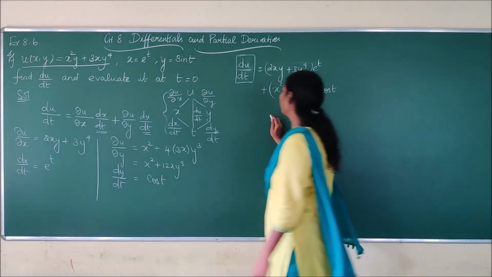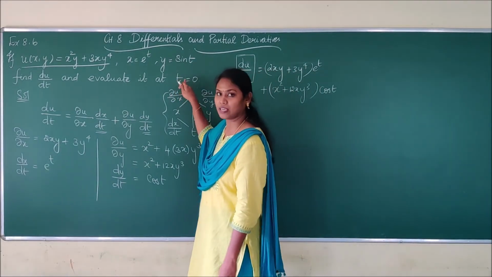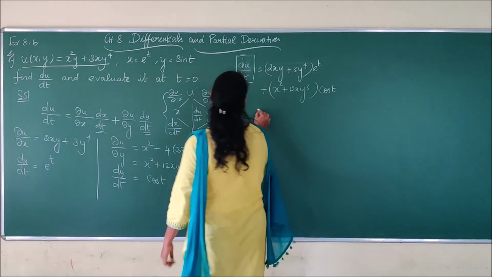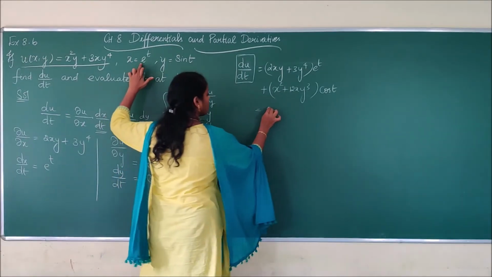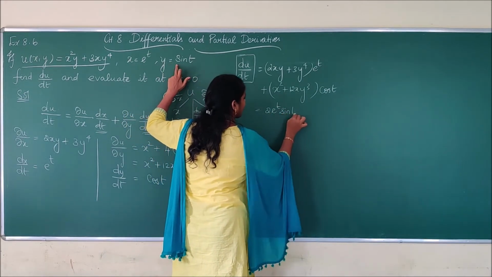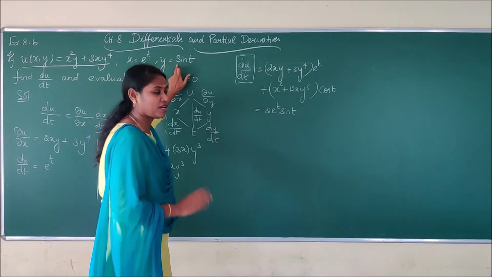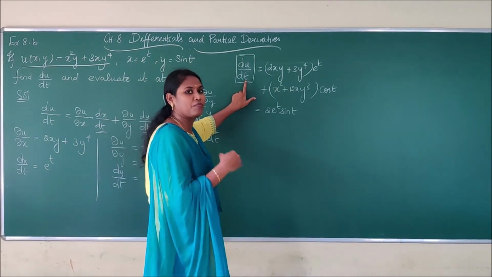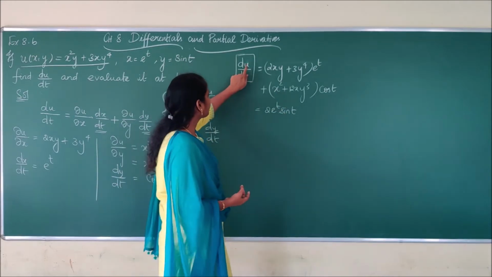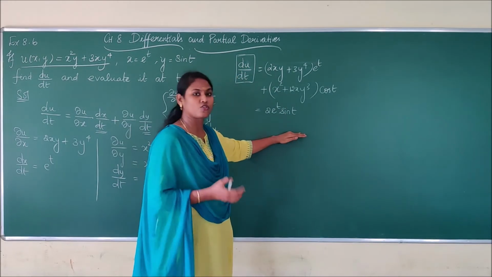Next you can substitute t is equal to 0 to find the value, right? So first I am going to substitute x is equal to e power t and y is equal to sin t. My final answer must be in terms of the variable which they have given you, it should not be in any other variable. So if it is du by dt, my answer should be in t only.